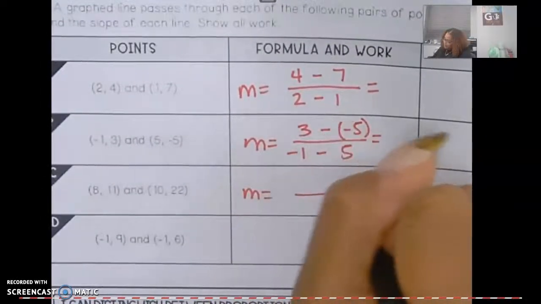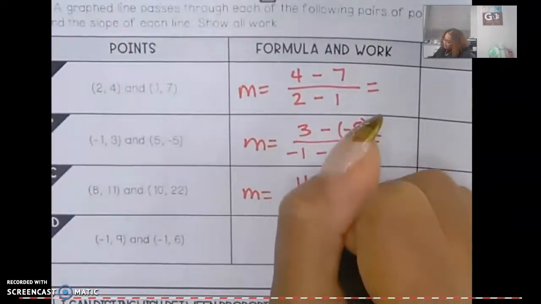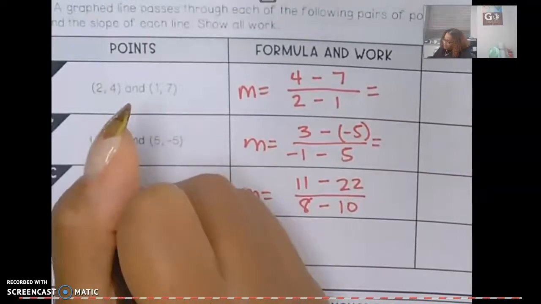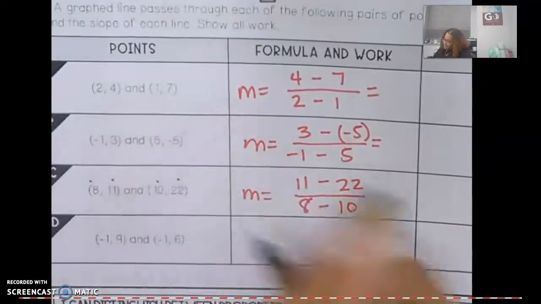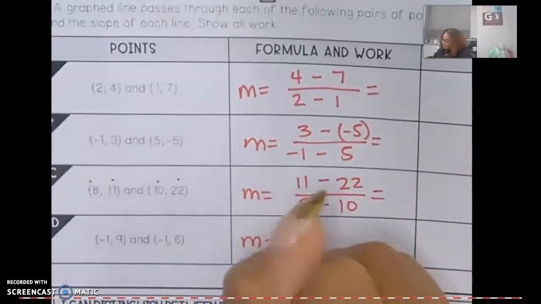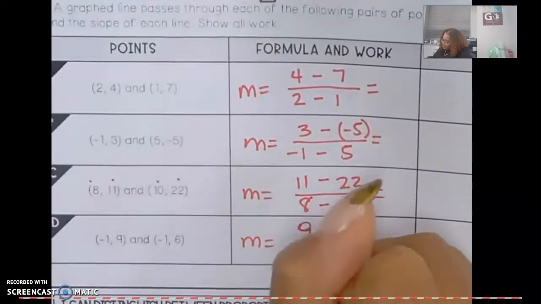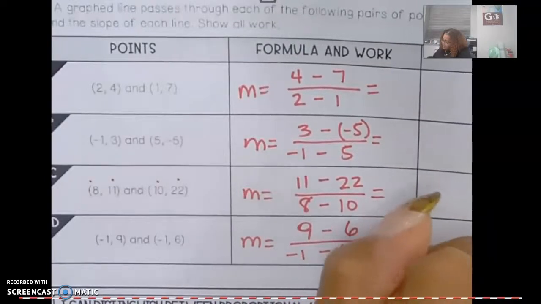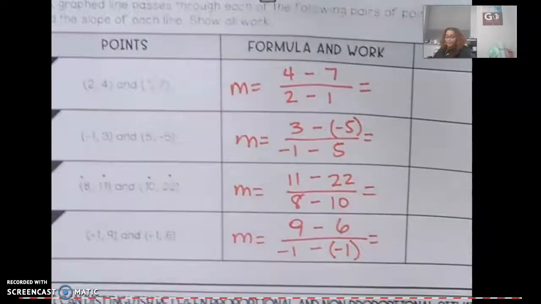M equals 11/8 minus 22/10. I'm taking this first, then this first, and this. Y over x. Calculate. Slope equals 9/-1 minus 6/-1. Calculate.